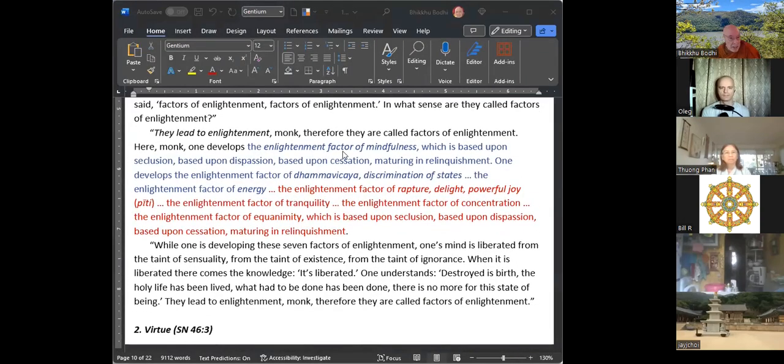Okay, one thing that you'll note when you look at this sutta and many of the other suttas in this chapter on the enlightenment factors is that they're often described by this fixed formula based upon seclusion, based upon dispassion, based upon cessation, maturing in relinquishment.